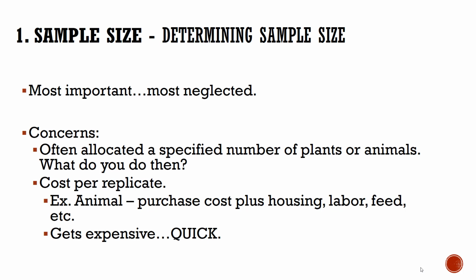Some things that we have to keep in mind when we're trying to figure out how many experimental units to use is how much it is going to cost for upkeep of these replicates. For example, an animal is really quite a big investment.